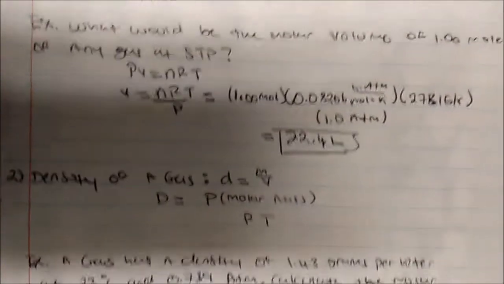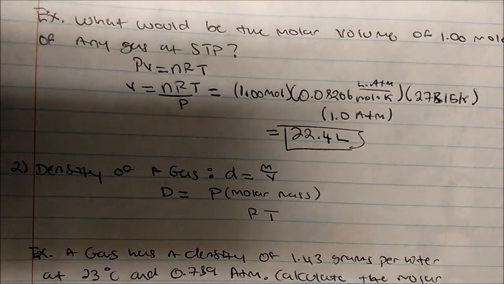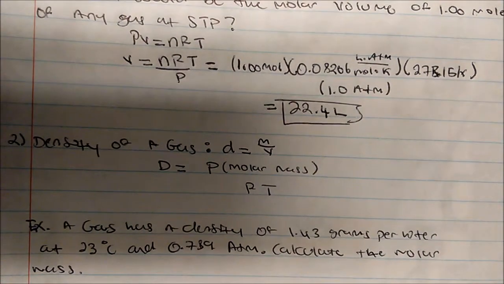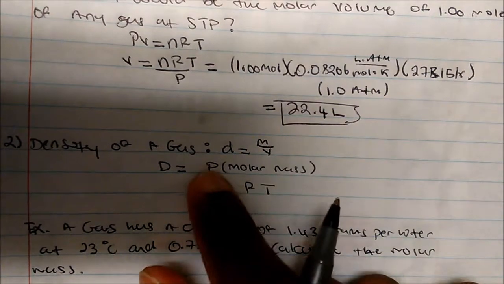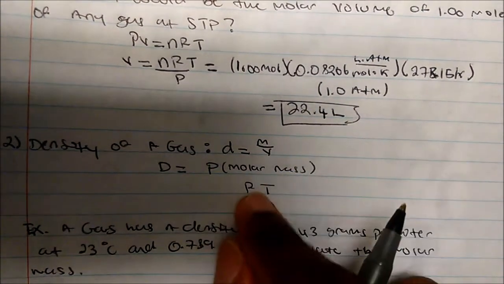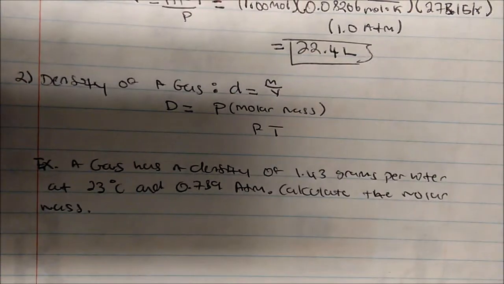Now we can talk about the density of a gas. We use density in the ideal gas law to find molar mass in other applications. We should know that the density is given by pressure times the molar mass divided by R times T. So I have this problem here.